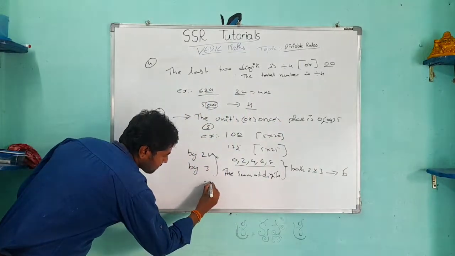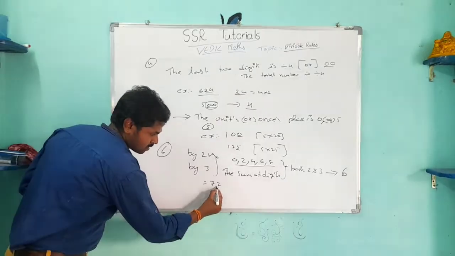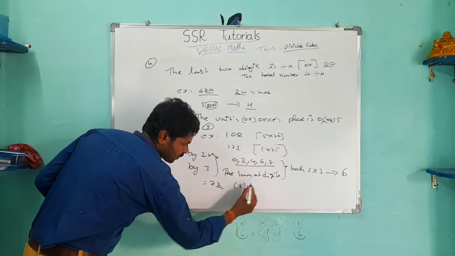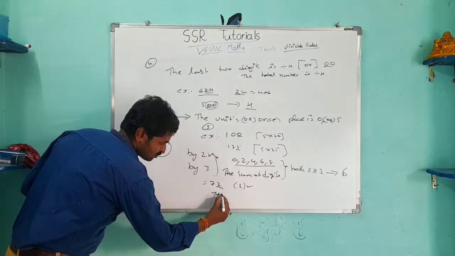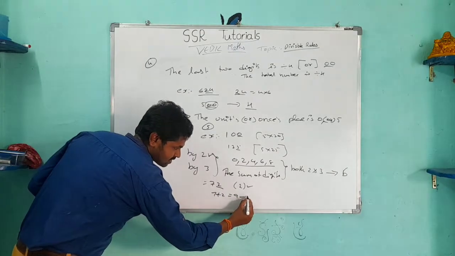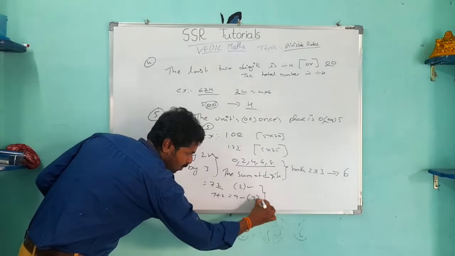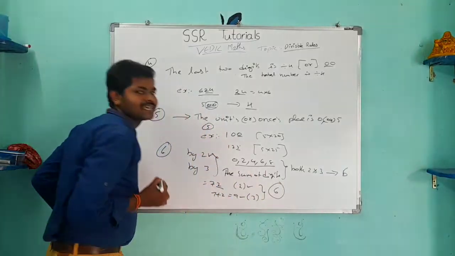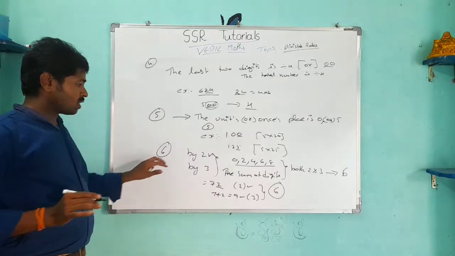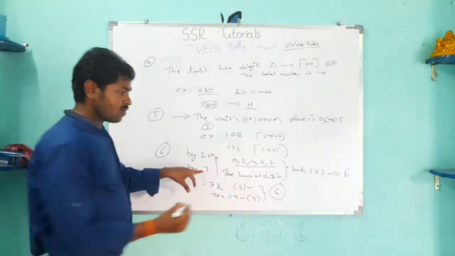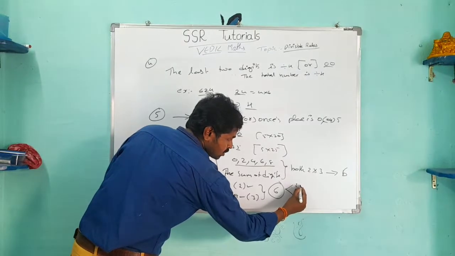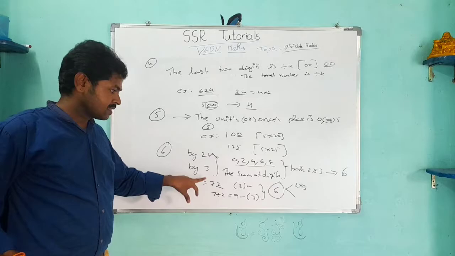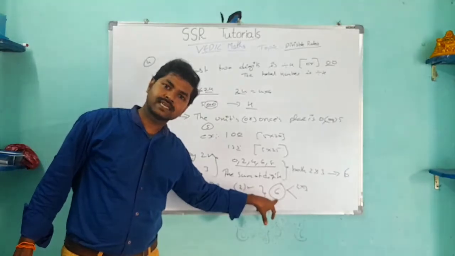Example, 72. The units place is 2, so it is divisible by 2. 7 plus 2 is equal to 9, which is divisible by 3. So both 2 and 3 divide it, and the total number is also divisible by 6.